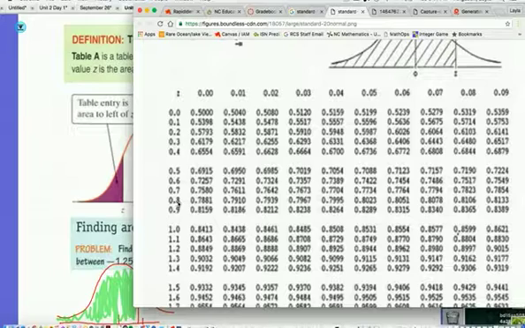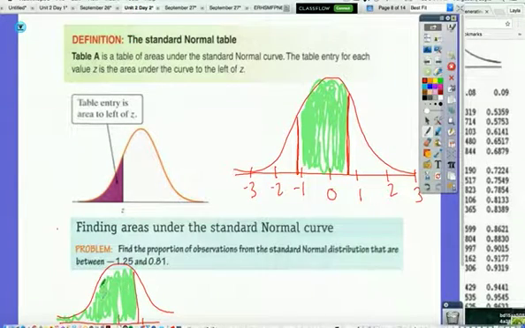What you're going to do is find where 0.8 meets up with 0.01, because if I put together 0.8 and 0.01, it would be 0.81, which is what I need. So I line up where 0.8 would be and where 0.01 would be, and it would be right here. That number tells me that the area underneath the curve at 0.81 is going to be 0.7910.